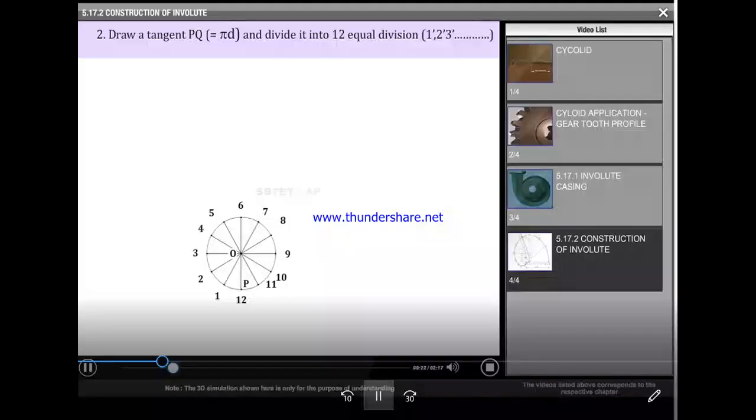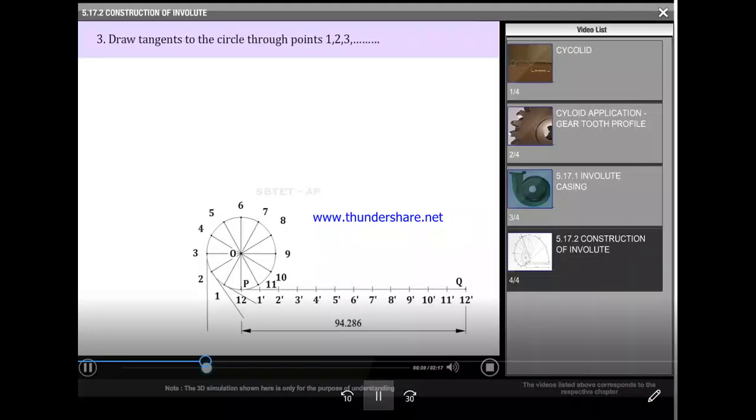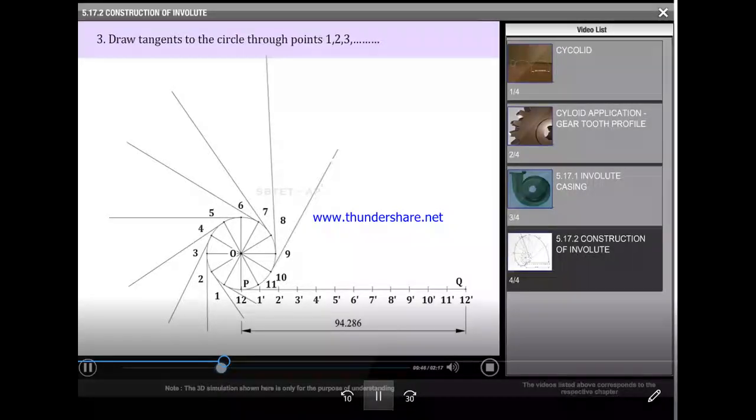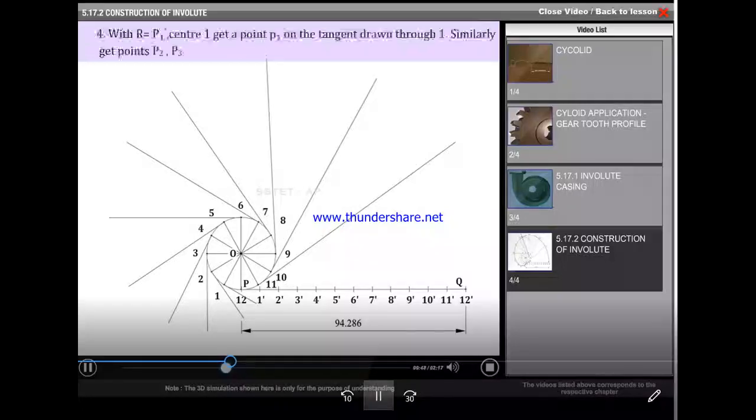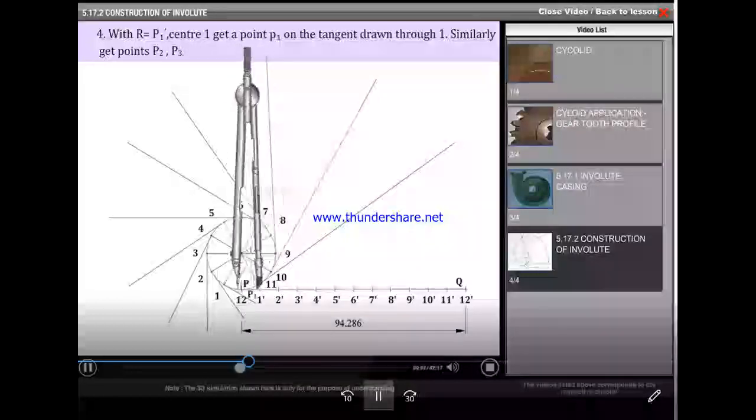Draw a tangent PQ with dimension pi d and divide it also into 12 equal divisions. Name the divisions as 1 dash, 2 dash, 3 dash, etc. Draw tangents to the circle through the points 1, 2, 3, etc. With radius equal to P1 dash and center 1, get a point P1 on the tangent.